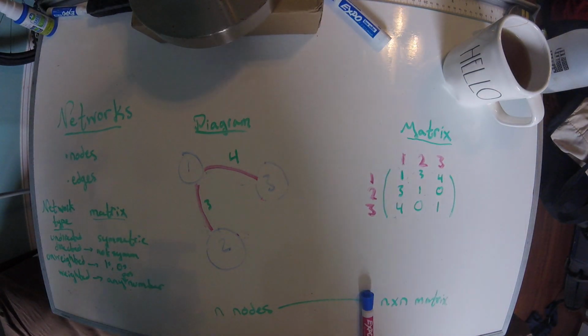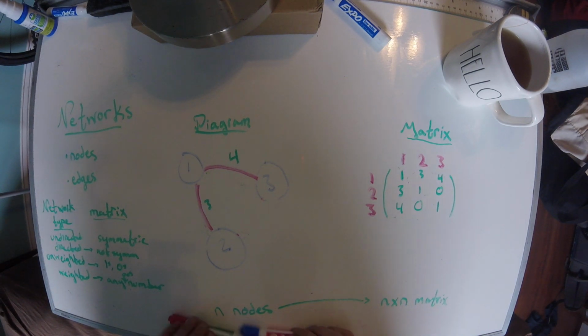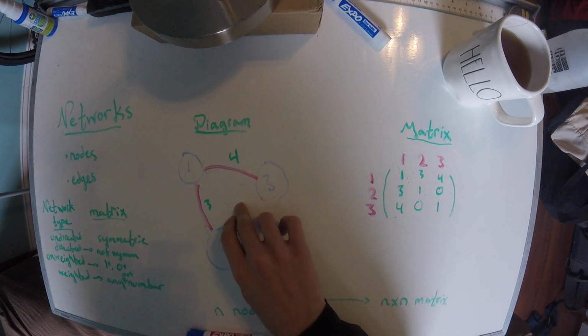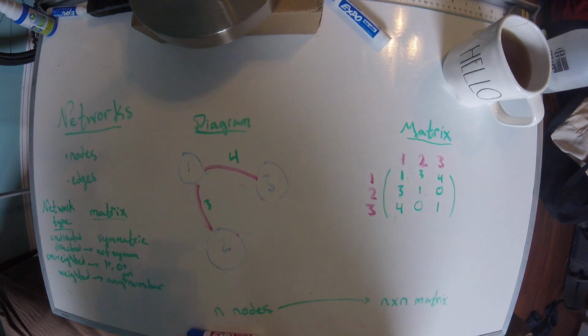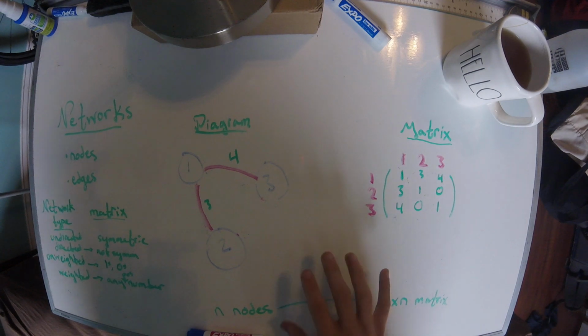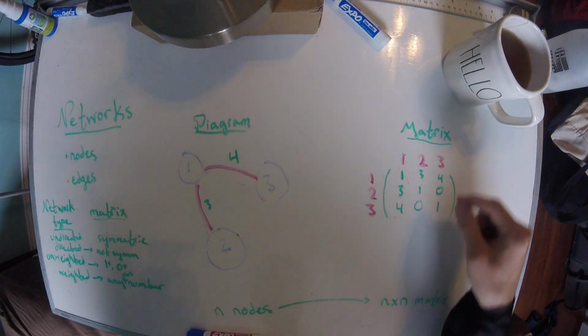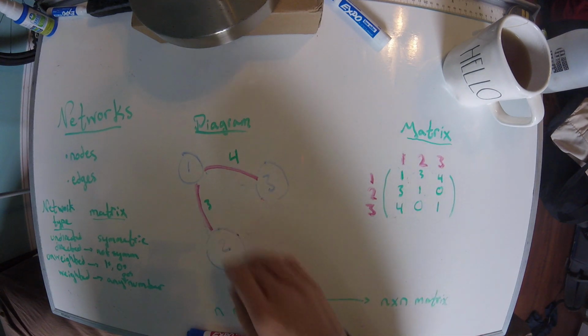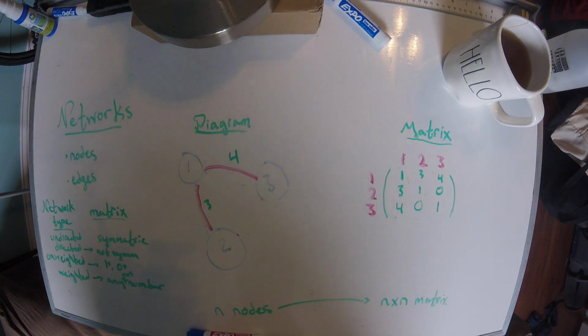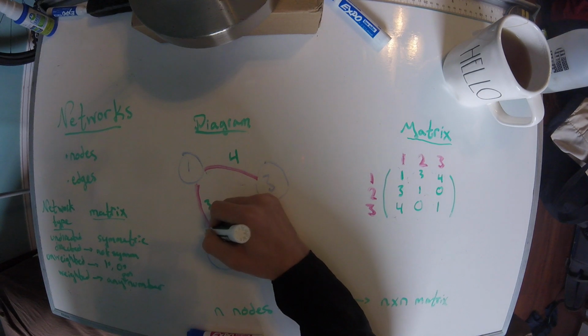One thing that I want to mention, although I won't go through an example of it right now, is that we could also have a weighted directed network, in which case we would treat it the exact same way as we treated the directed network, where we would do the same process, but pay attention to the arrowheads as well. So you might have something like this.